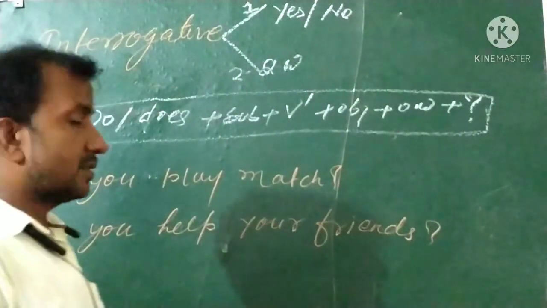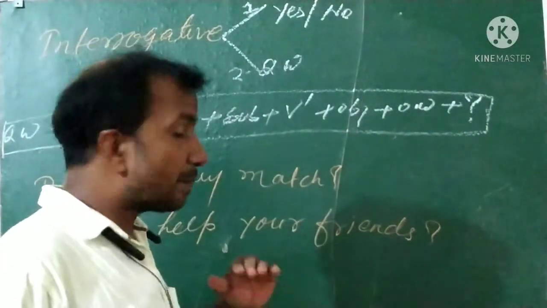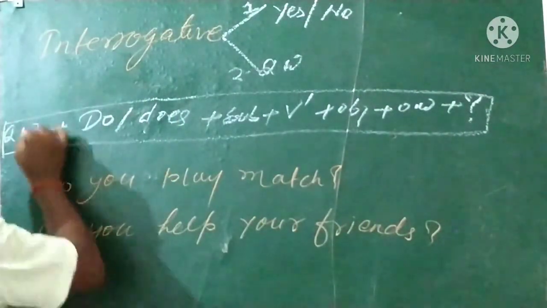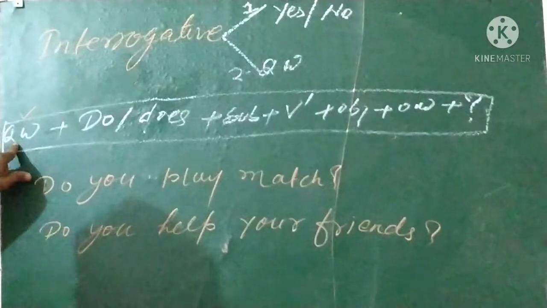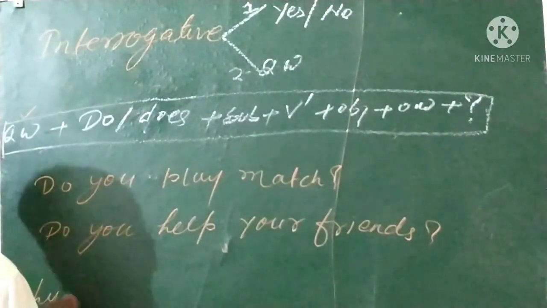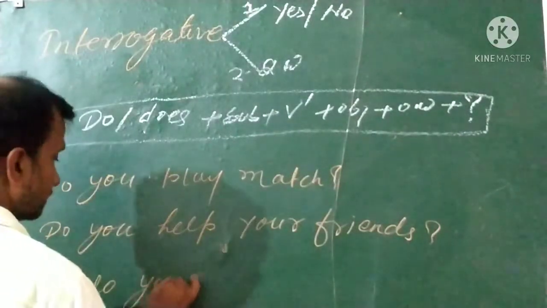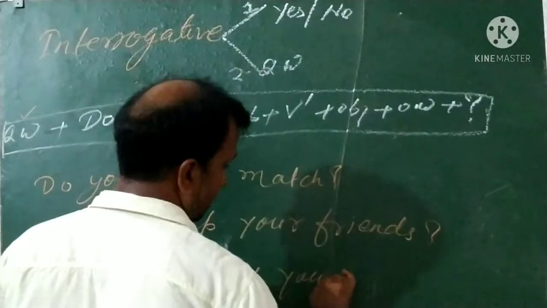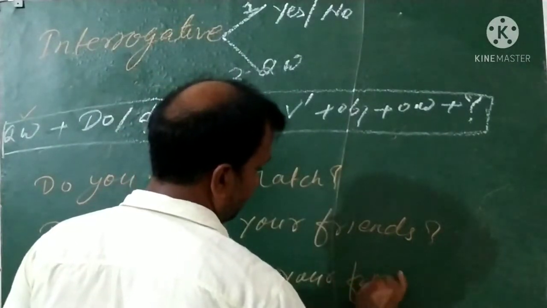अब the same things. अगर ये कह दिया जाए कि आप अपने दोस्तों की मदद क्यों करते हो, तो क्या हो जाएगा? आपको you have to put question word just before the helping verb. That means why do you help your friend?